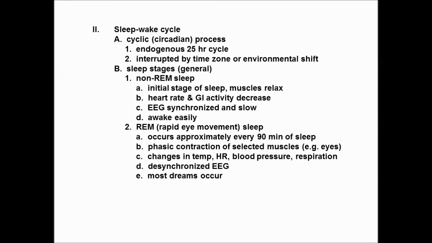Then the other thing I wanted to do today is to talk about the sleep cycles and a little bit about the cycle that we all go through called the circadian cycle, which is our 24-hour cycle that we all go through daily.